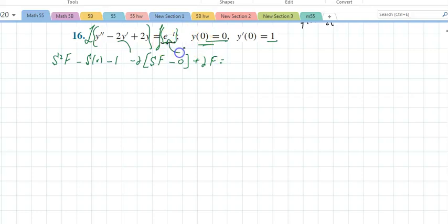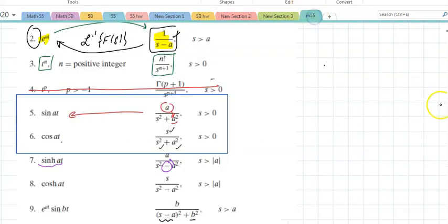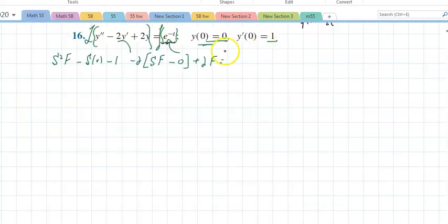And what is the Laplace of e to the negative t? Isn't that 1 over s plus 1?